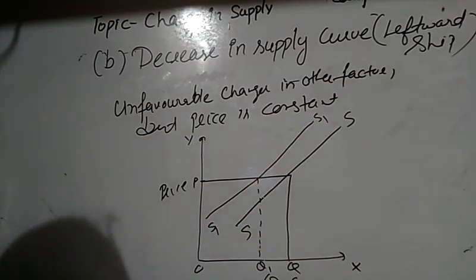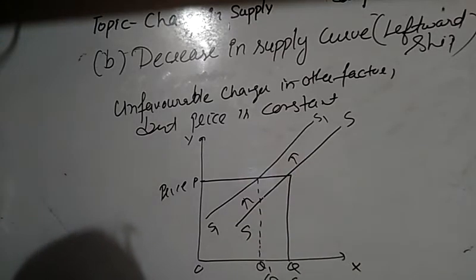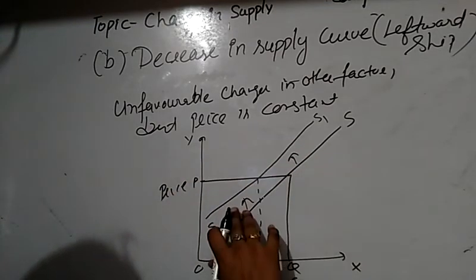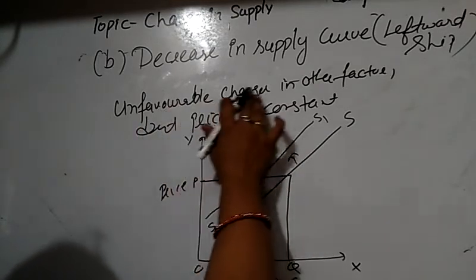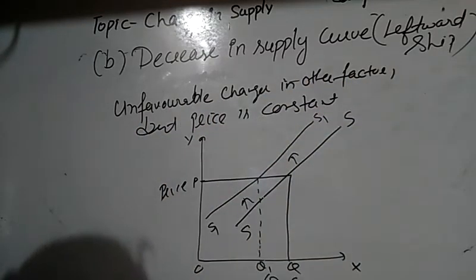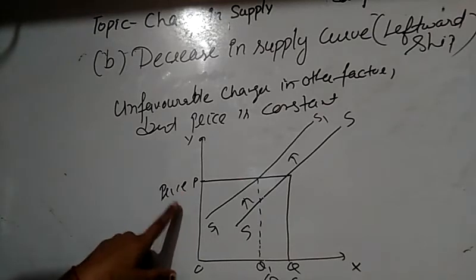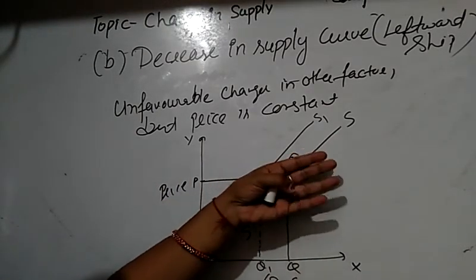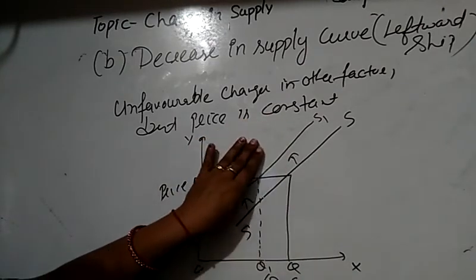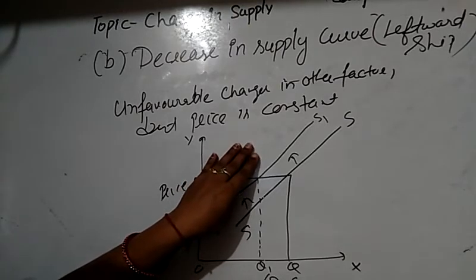The supply curve is shifted from its position to the left because of unfavorable changes in other factors. Clear, students? No change in price, but the supply curve shifted leftward. This shows a decrease in supply.